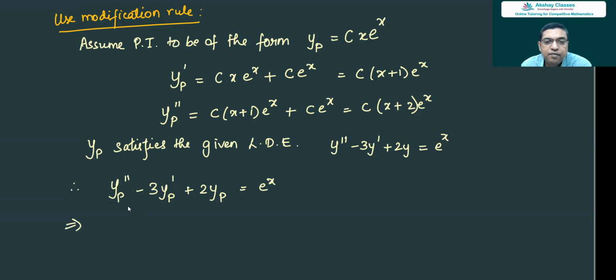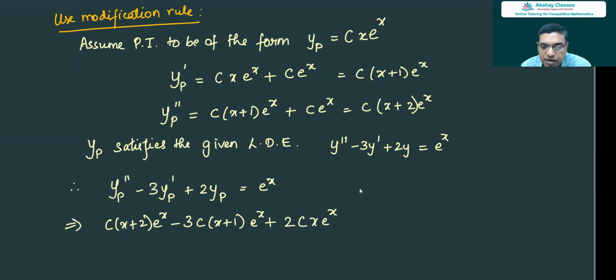So we have c(x plus 2) e^x minus 3 times c(x plus 1) e^x plus 2 c x e^x, and this is equal to e^x.